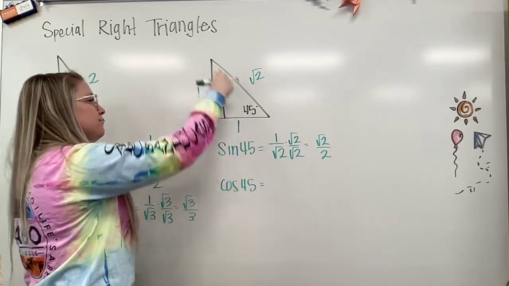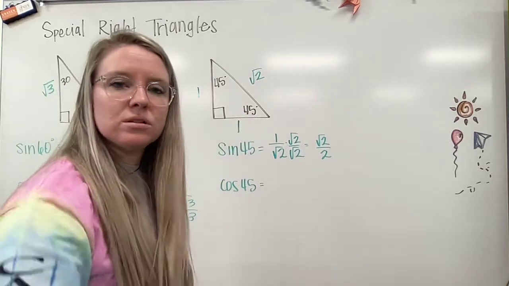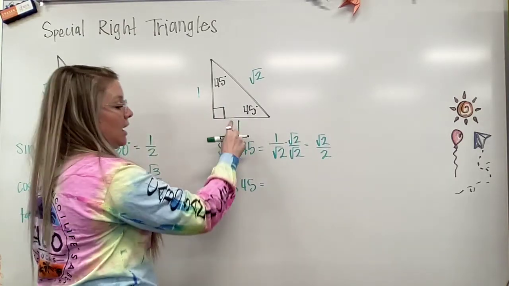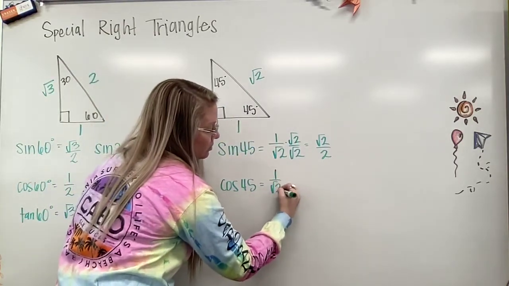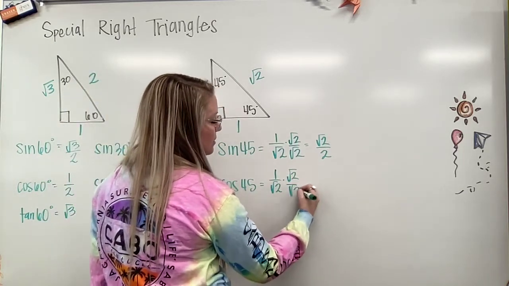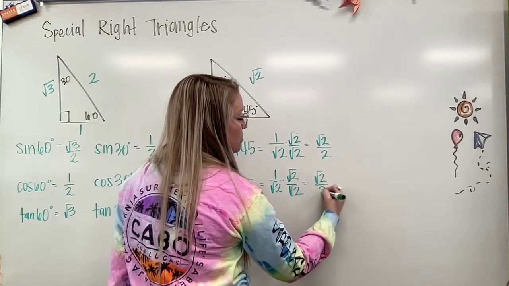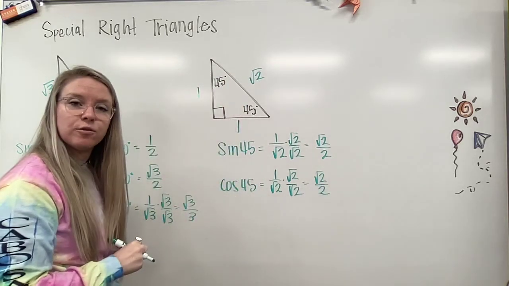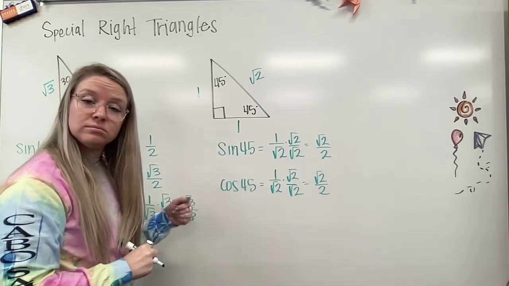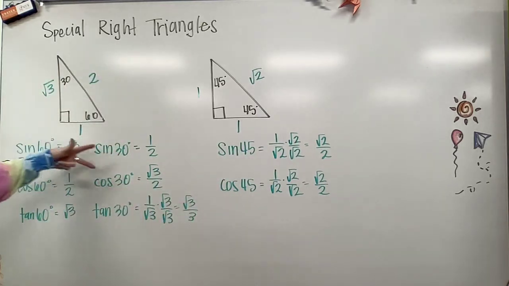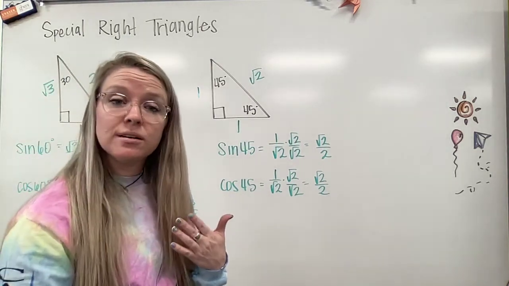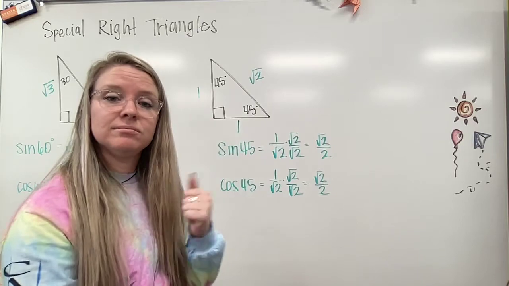It doesn't matter which 45 I use, because adjacent and opposite are the same, I'm going to get 1 over root 2. Again, got to rationalize that. So I get root 2 over 2 for cosine of 45 as well. So here, cosine and sine are equal. In the 30, 60, 90, my cosine and sine switched places because the 30 and 60 switched my opposite and adjacent side.